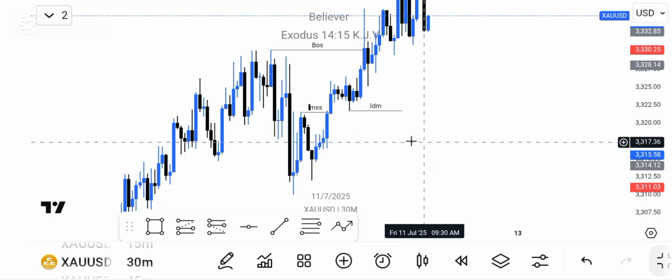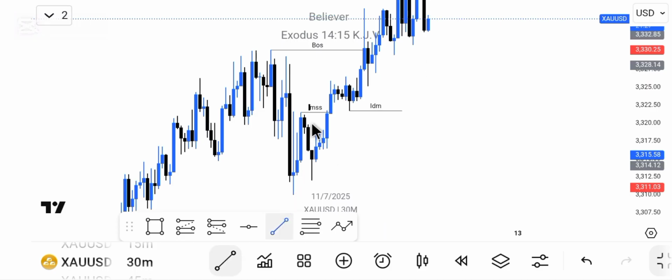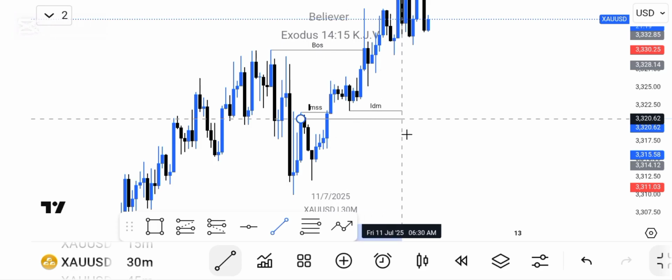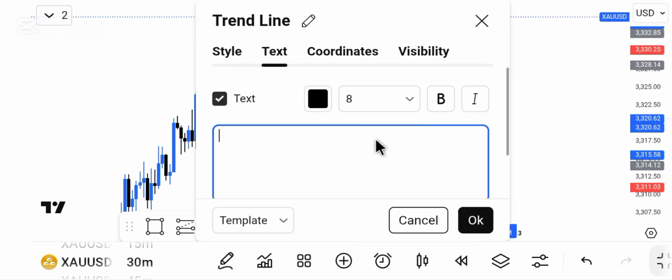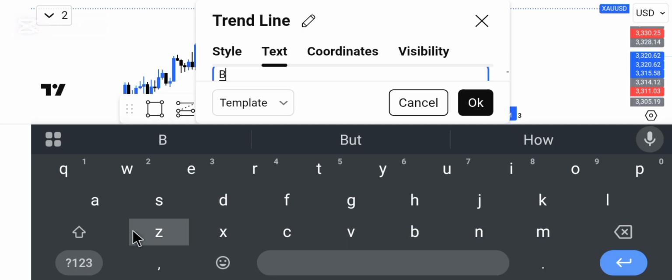So with that being said, the next thing we want to mark out now is our point of interest, being a breakout block in this case, because this is the high, the low, and this is the market structure shift this way, and this is the breakout block here where the market structure shift happened. So I'll just write here BB as a breakout block.